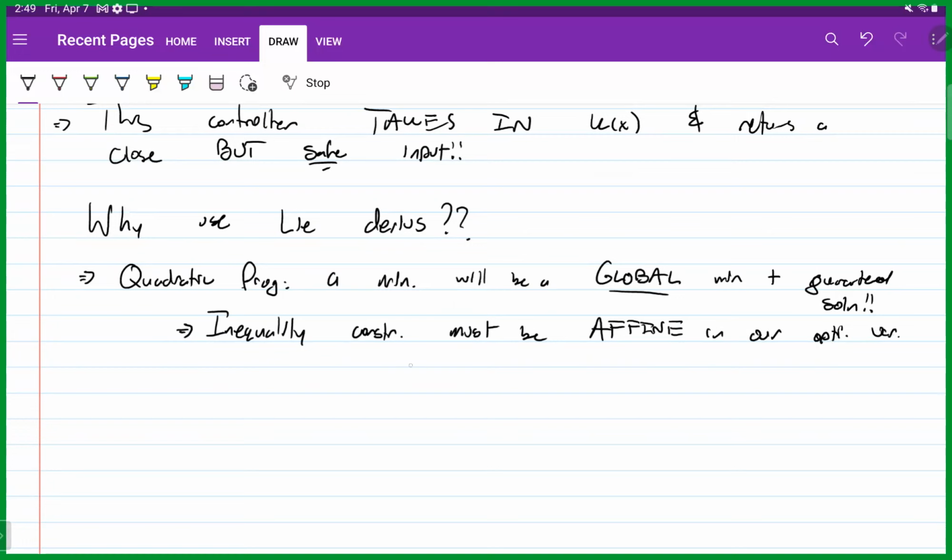So in general, if you have an optimization problem and you're optimizing over a variable U, your constraints have to be of the form A times U is less than or equal to B, for the set of possible inputs to actually have that nice structure where you're guaranteed the solution.